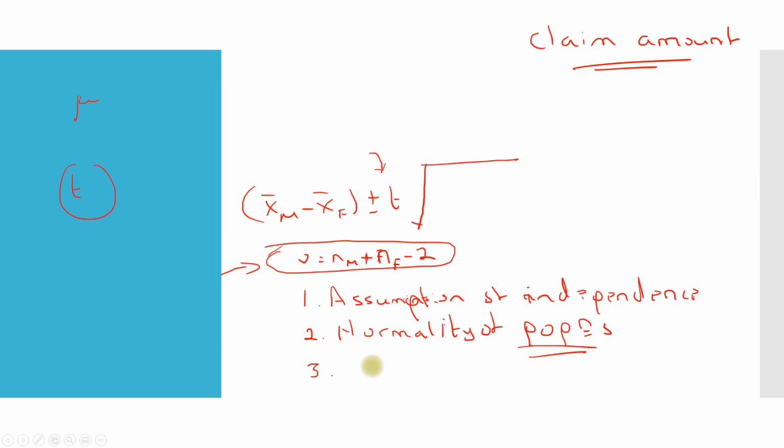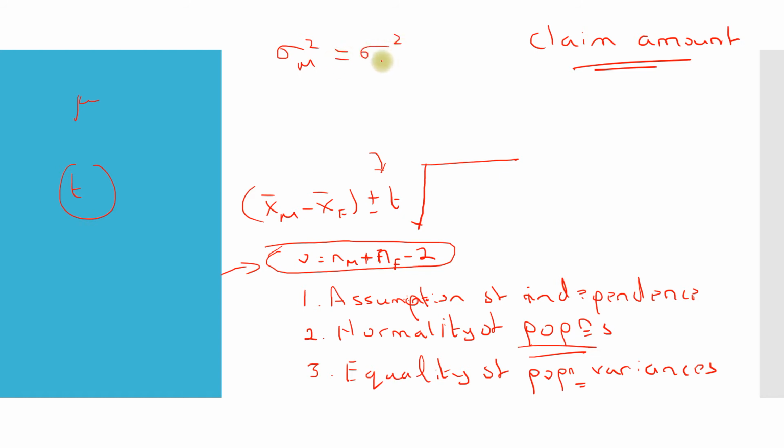And what is the assumption that we are going to make here? We are going to assume equality of population variances. So what do I mean? I'm assuming that sigma squared m is equal to sigma squared f.